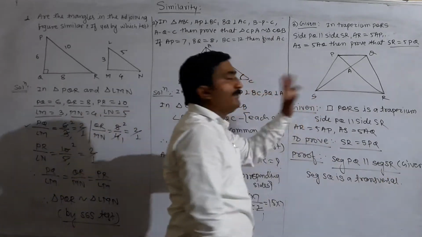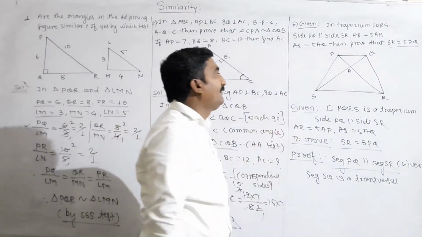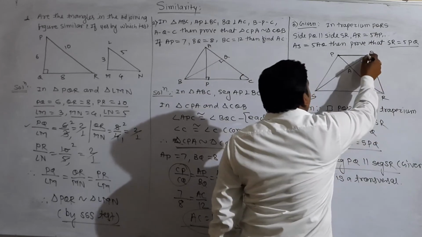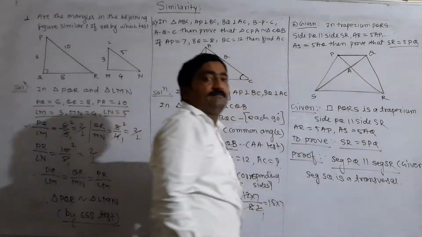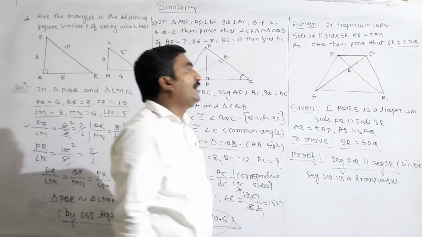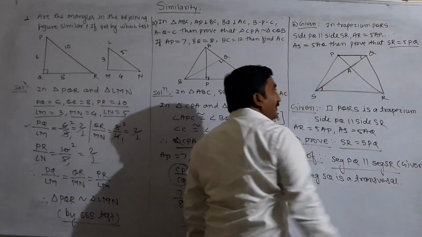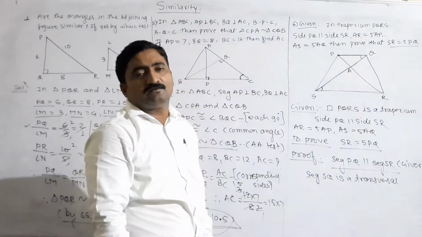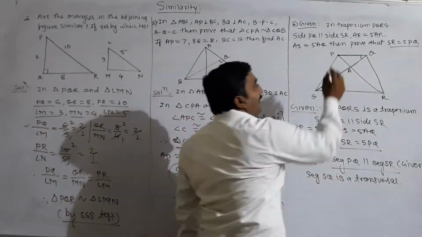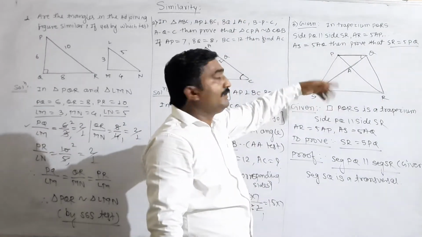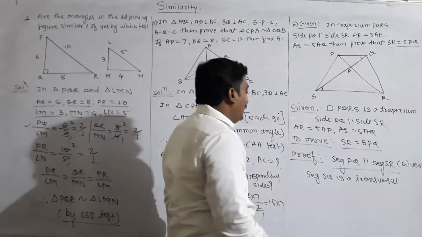When two parallel lines are intersected by a transversal, the alternate angles are congruent. So this angle and this angle are alternate angles, and these two angles are congruent.